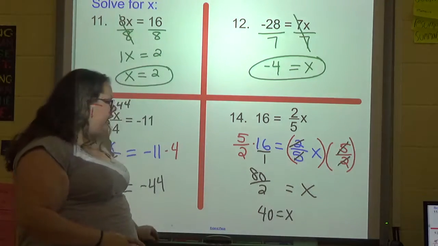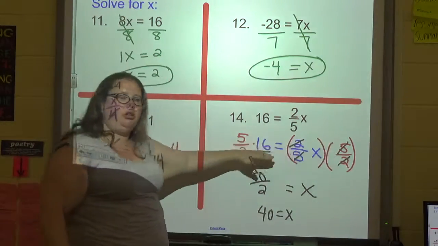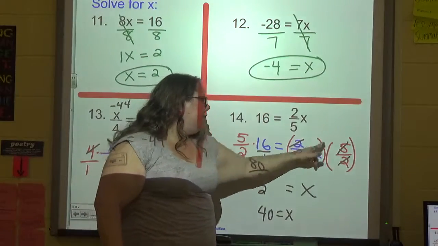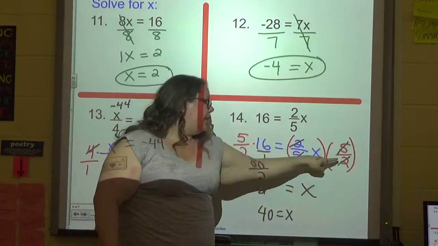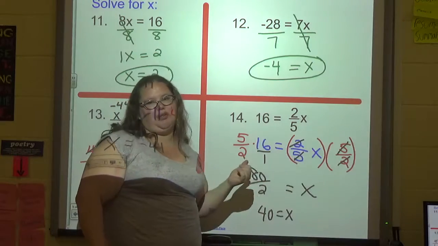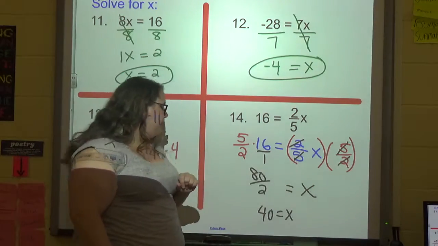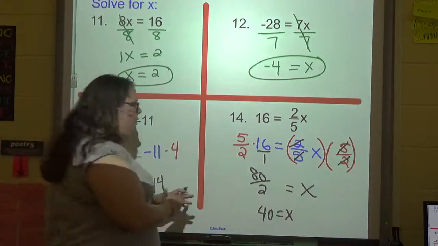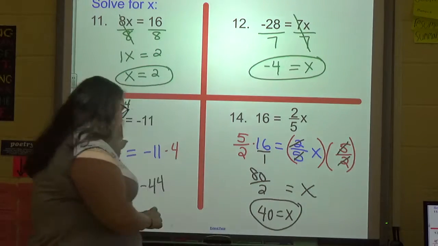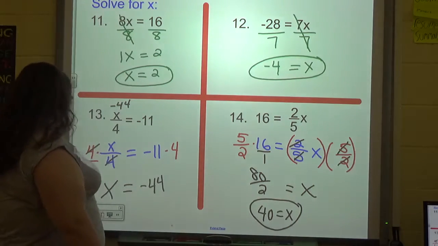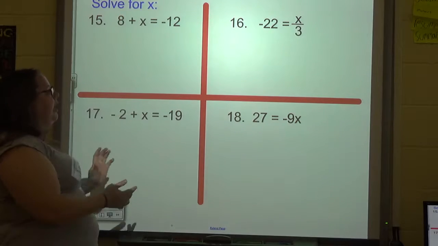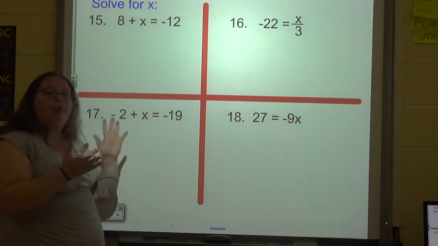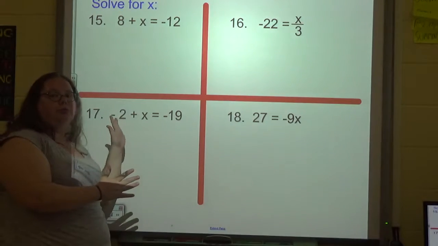And if it helps over here, we could have multiplied the top, multiplied the bottom. So that's 2 times 5 is 10 over 10. So it's really 10x over 10, which goes to x anyways. Okay. So that is your one step. Alright, last set of 4. Pause the video, try these on your own.